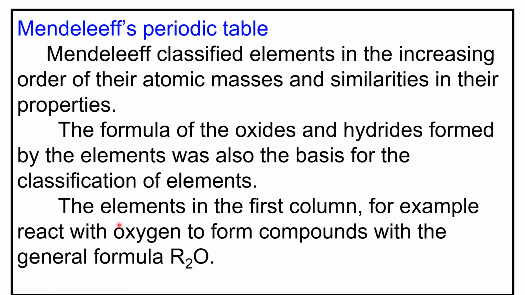For example, the elements in the first column react with oxygen to form compounds with the general formula R2O. So here, when he has arranged the elements in a tabular form, the elements which are in the first column, for example, when they react with oxygen to form compounds, then their general formula is R2O.